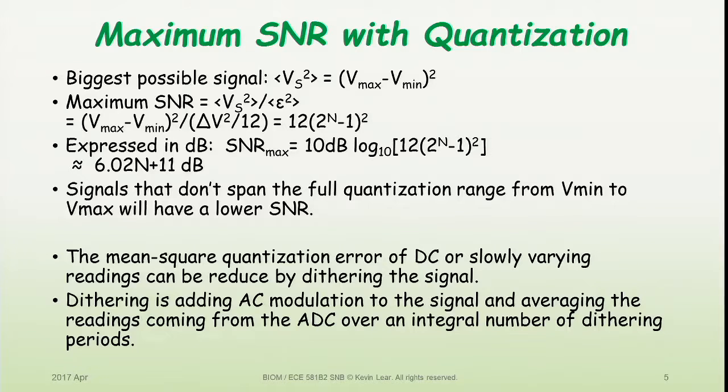And so the biggest signal I could possibly get is just that full range squared, Vmax minus Vmin squared. What's the best error? What's the lowest quantization noise I could get out of it? Well, it's just this formula for epsilon squared that we just talked about. And we just said that that goes as, did I lose a power of 2?